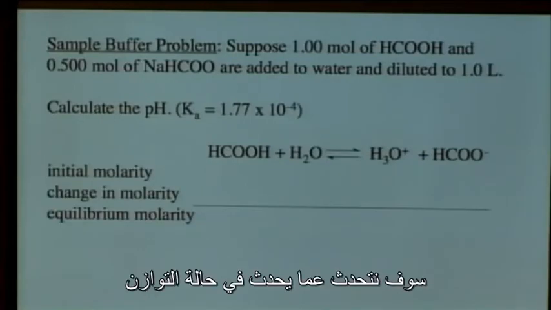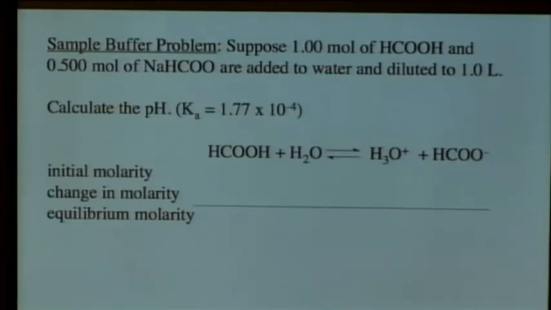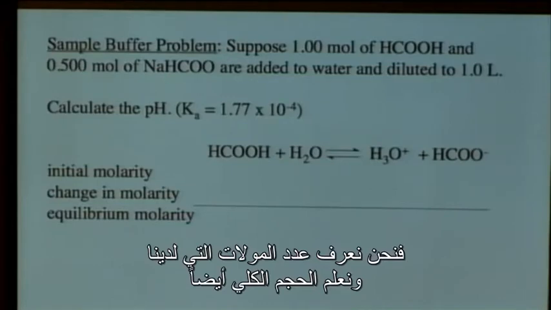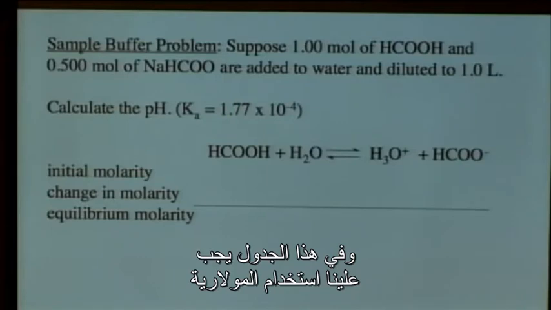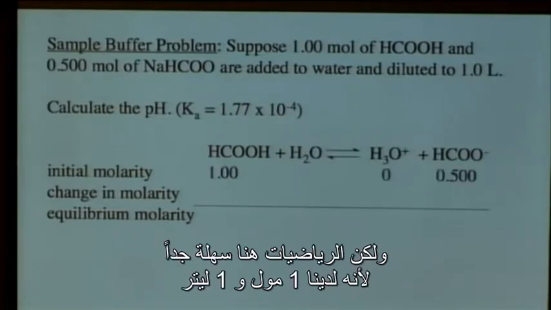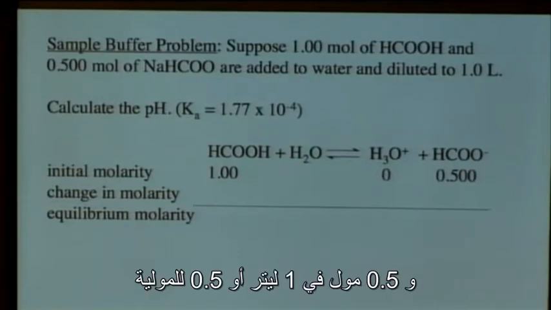Now we want to think about what happens at equilibrium. We know how many moles we have, and we know the total volume. In this table we should be using molarity, but the math is easy because we have 1 mole in 1 liter, or 1, and 0.5 moles in 1 liter, or 0.5 molarity.